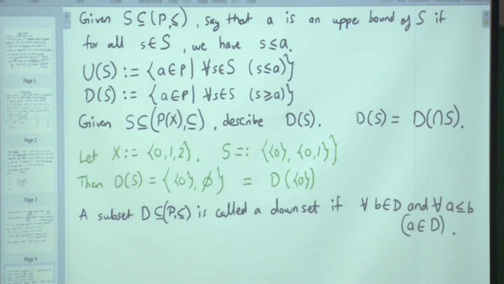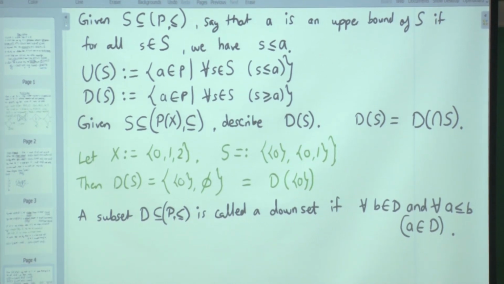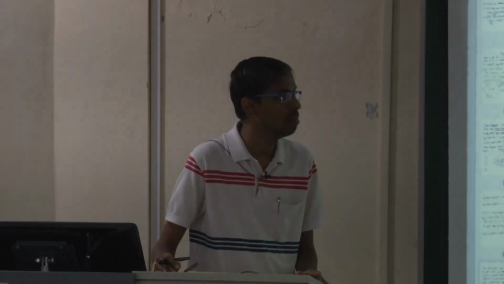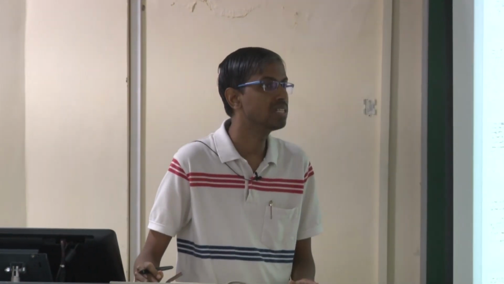So what is a downset? The proper name is actually downwards closed subset. Whenever it contains an element, it must contain all its lower bounds. Understood? Let me go to an example.